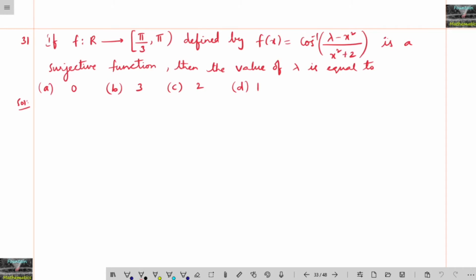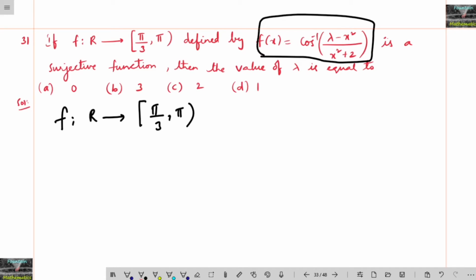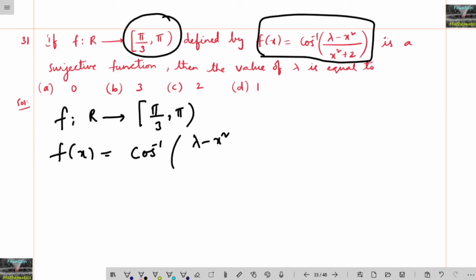If f from R to closed pi by 3 comma pi open, defined by f of x is equal to, this function is given, is surjective. Surjective means your codomain is equal to range. So your f of x is equal to cos inverse of lambda minus x square upon x square plus 2 is surjective, which implies f of x is equal to y.